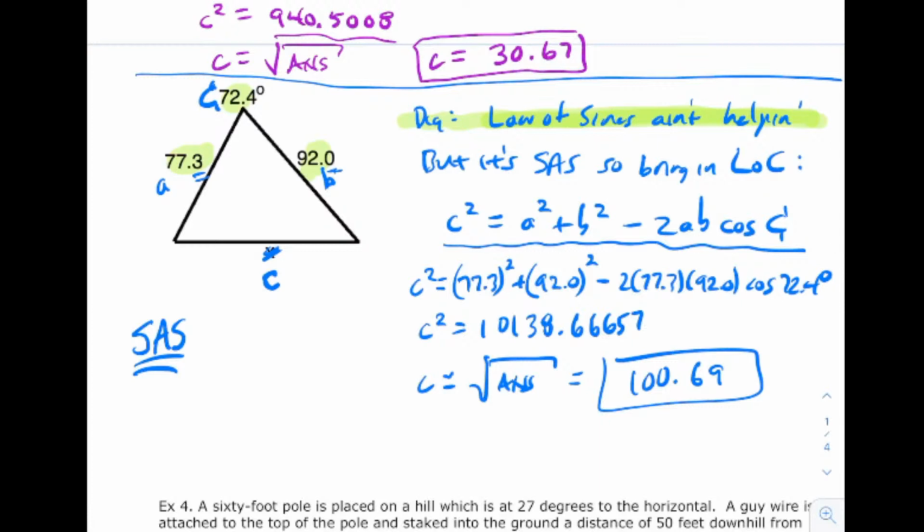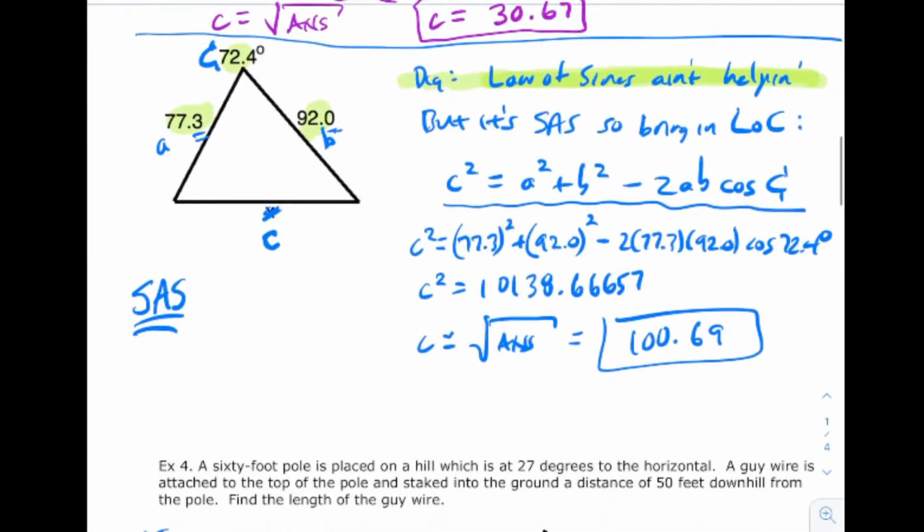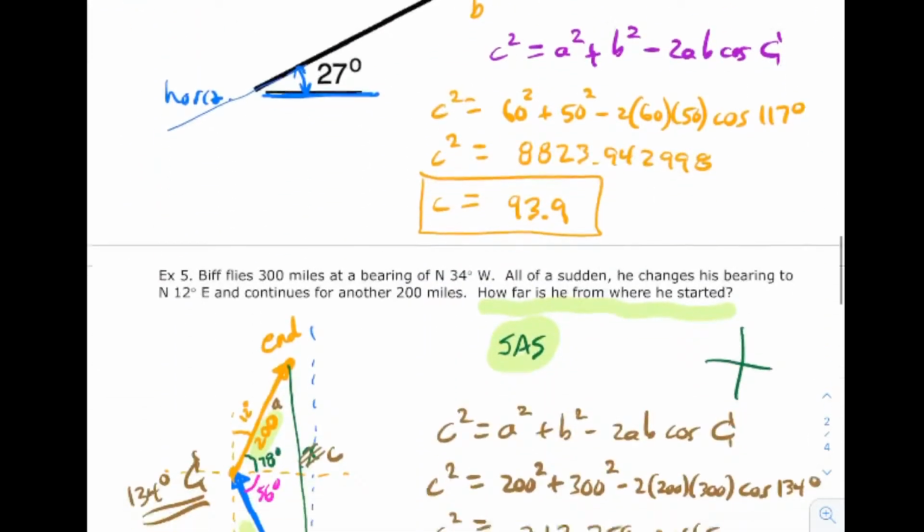If it's not a right triangle, I always say, okay, law of sines, law of sines, law of sines, until I get stuck. And if I get stuck, I say, I must have to do a law of cosines. Look for the side angle side, okay? So even on your homework, really you should ask yourself first, can I do law of sines? Because if I can do law of sines, I'm going to do that because, for one thing, it's an easier formula.